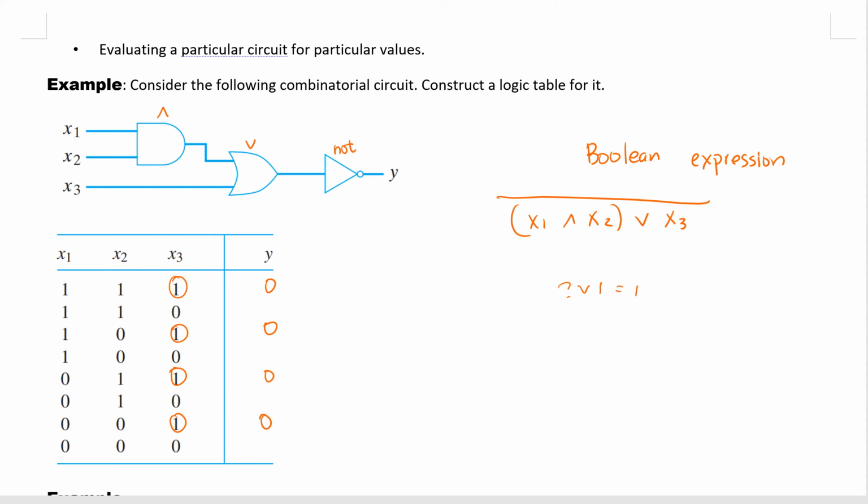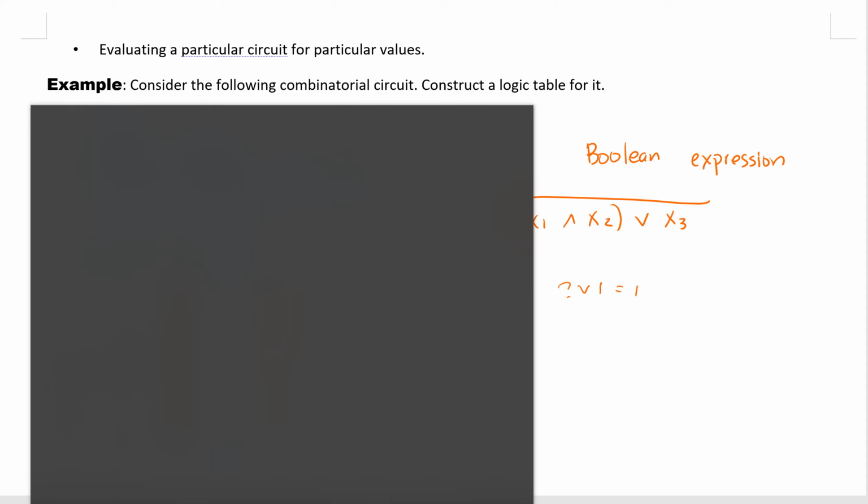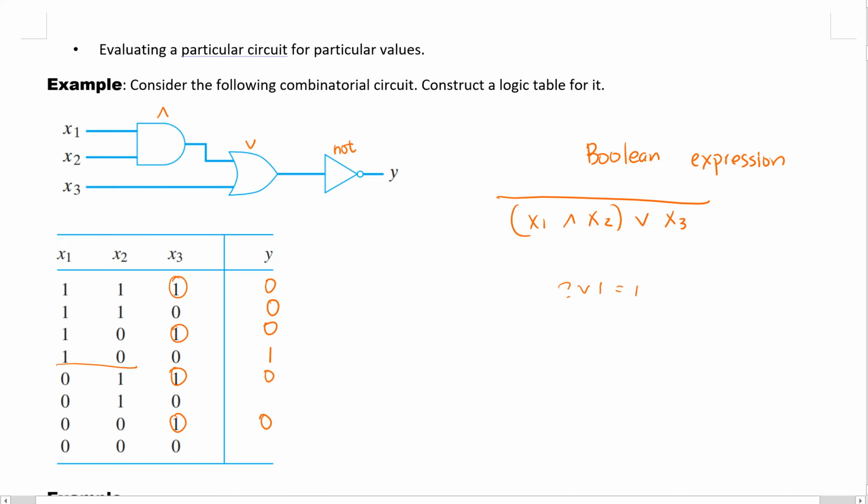For the rest: 1 and 1 is 1, and then 1 or whatever is 1, and NOT 1 is 0, so we get 0. With this one, 1 and 0 is 0, 0 or 0 is 0, NOT 0 is 1. Are you okay, everybody? Don't forget you can pause the video at any time and write more detail to take notes.